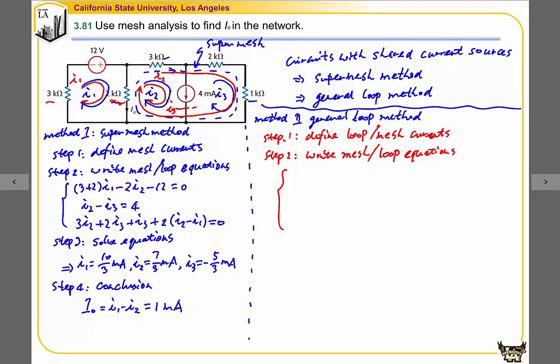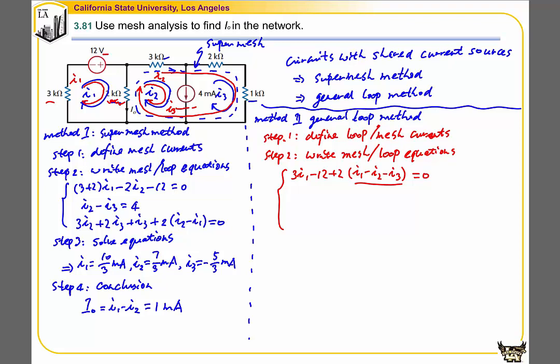That is 3 times I1, followed by this voltage increase, so we have minus 12, and then the 2K times the current I1 minus I2 minus I3. So this becomes the actual current going through that branch with a 2K resistor. This equals 0.